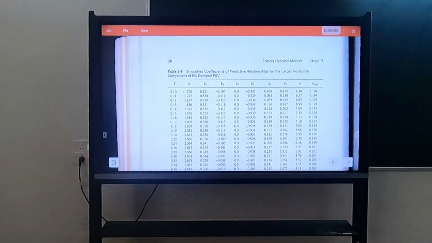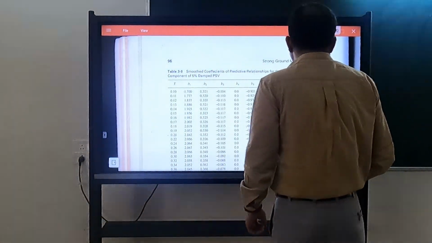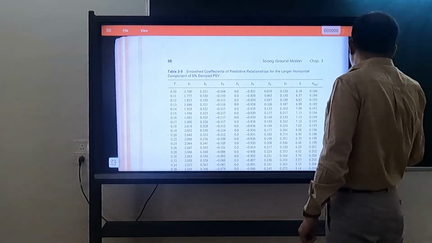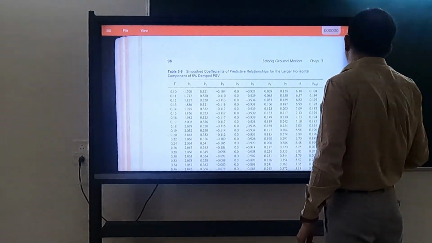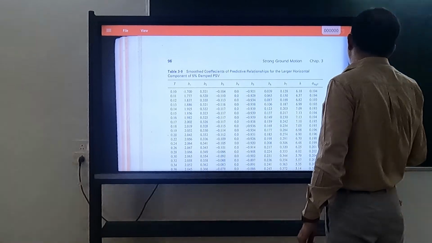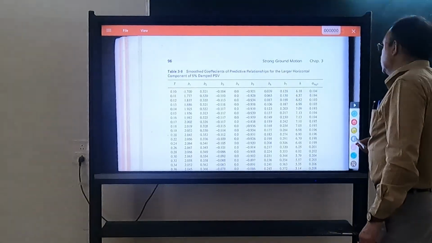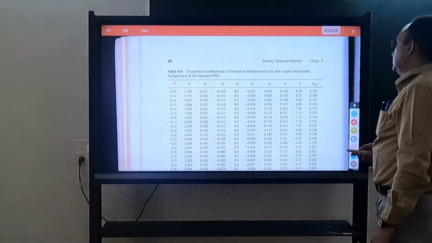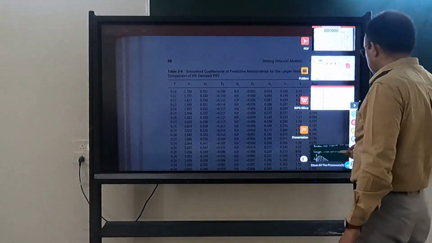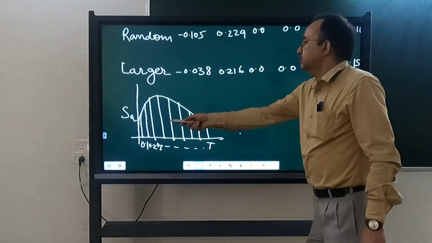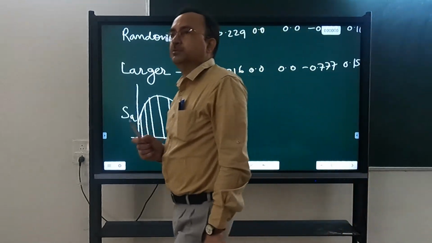So you will get the complete shape, and you can plot the full response.